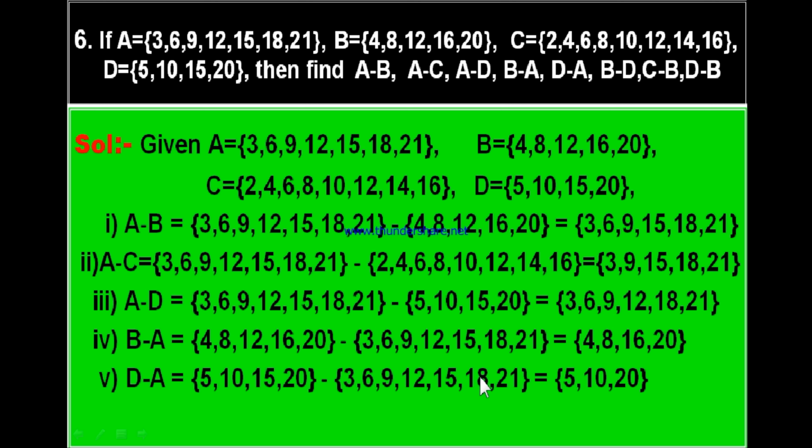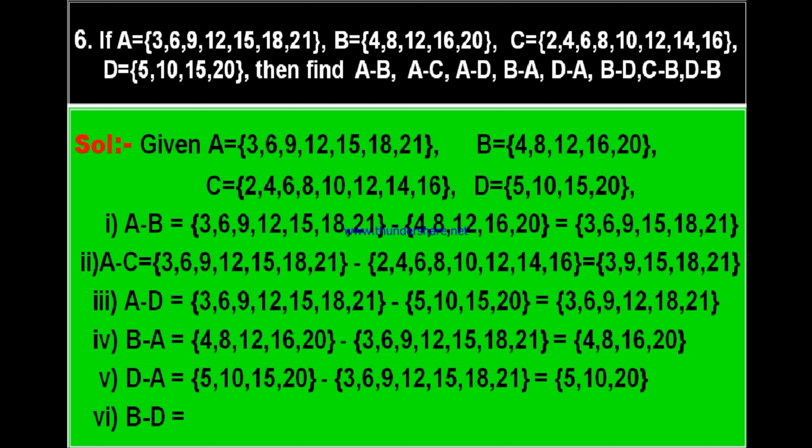And 20, you could not find 20 in the second set, therefore write 20 also. Then D minus A is equal to set of 5, 10 and 20. In the other way, I told you that you may cancel the common elements from both the sets. You can cancel 15, 15. If you cancel the common element 15, then what are the elements left in the first set? 5, 10 and 20. You write them here so that you can get D minus A very easily.